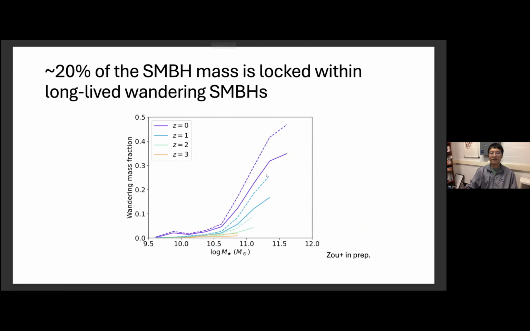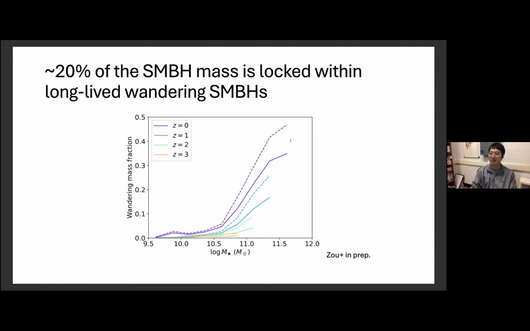Another interesting result is that about 20% of the supermassive black hole mass is actually not in the galaxy center at redshift 0. That's because when two galaxies merge, their supermassive black holes undergo a long journey before they finally reach each other and merge into a single one.